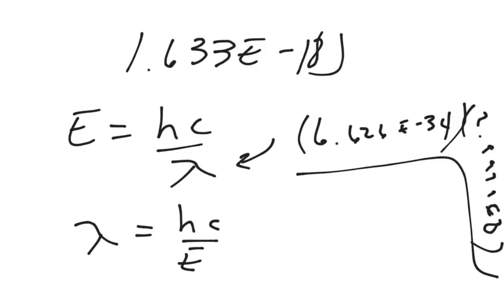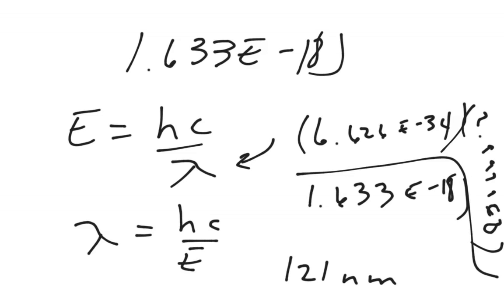Isn't that beautiful? And then the energy that I just calculated, 1.633 e to the negative 18 joules, will give me 121 nanometers. Okay, so that is not within our realm of seeing. That's too much energy for us to see, but we can calculate these levels using this formula.